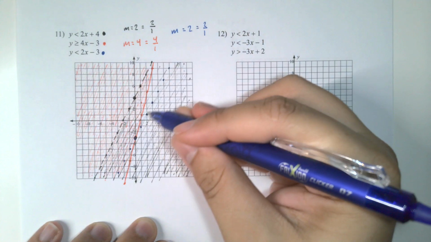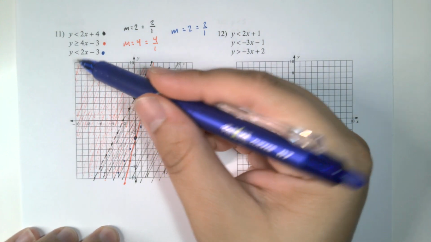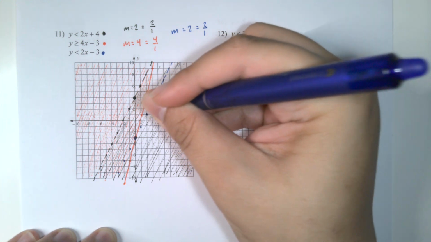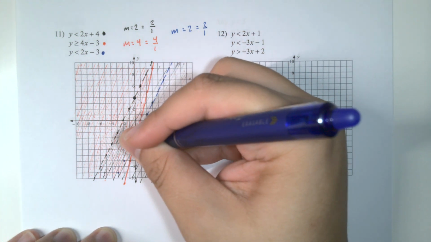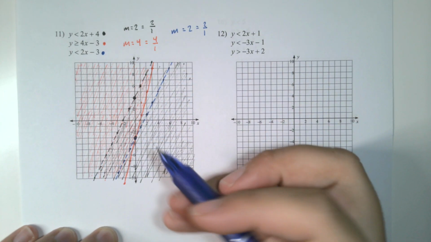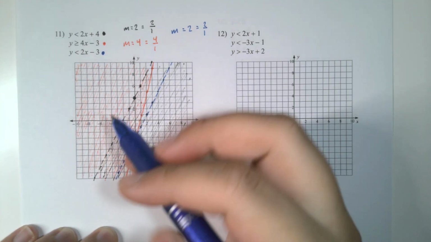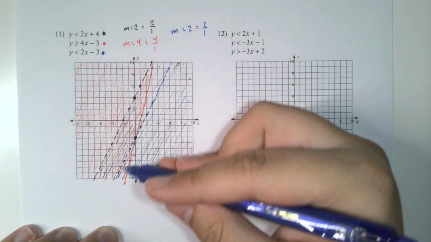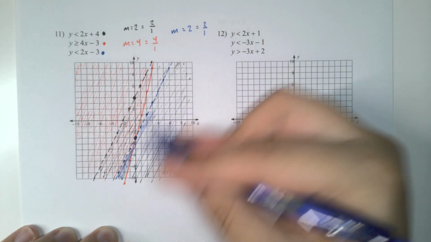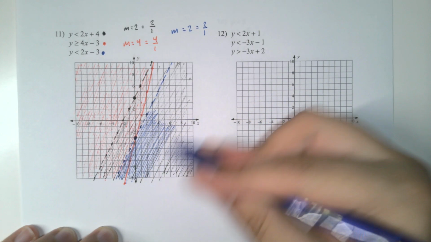And we're going to get this line here. Because it is only less than but not equal to, it's going to be a dotted line like that. And now this one is saying less than this line. So less than is going to be everything below it. Everything below it will be down there.